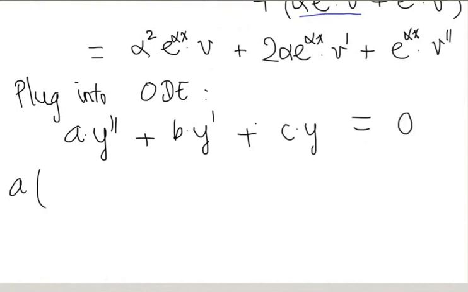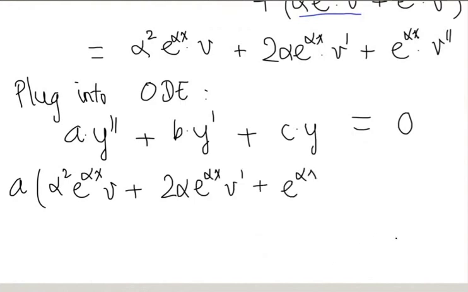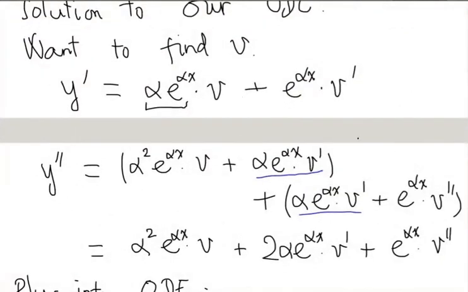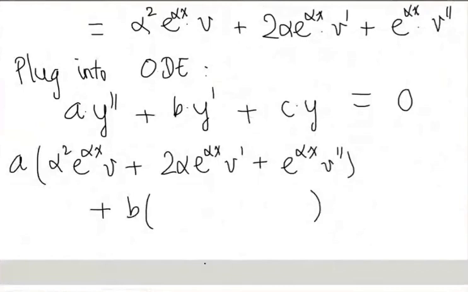So we have a times y double prime, which is alpha squared e to the alpha x v plus 2 alpha e to the alpha x v prime plus e to the alpha x v double prime, plus b times the first derivative, alpha e to the alpha x v plus e to the alpha x v prime.